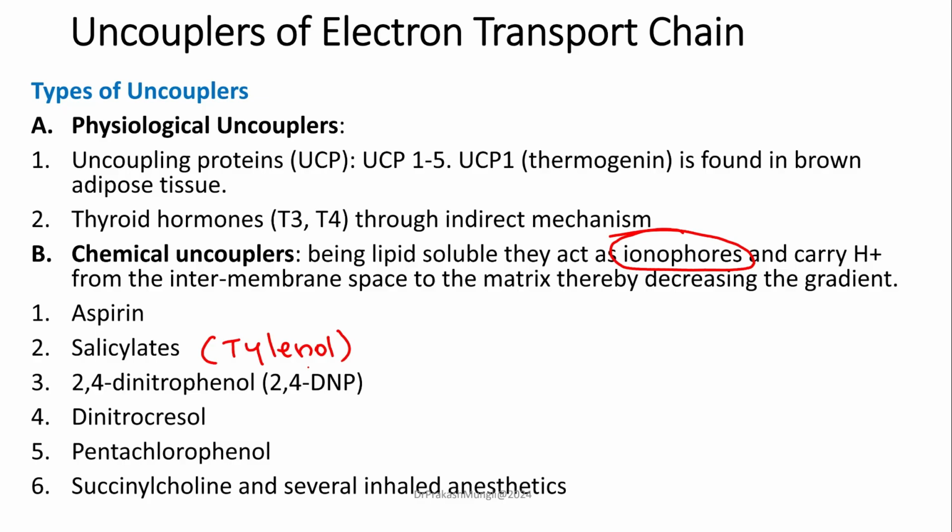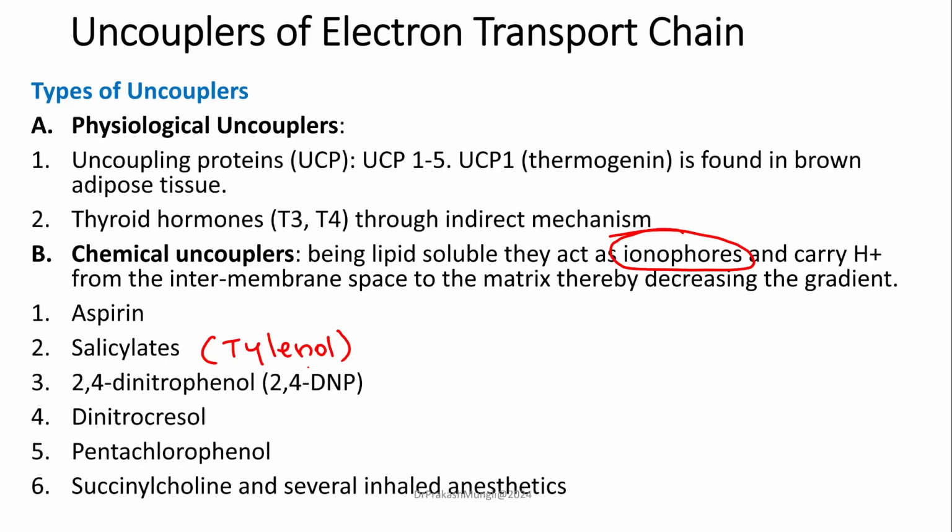Okay. 2,4-dinitrophenol is a chemical used in the carpentry industry that acts as an uncoupler. Dinitrocresol, pentachlorophenol, and even succinylcholine, which is an anesthetic, can also act as uncouplers. So these are the uncouplers. You should have an idea: aspirin, salicylate, 2,4-dinitrophenol, dinitrocresol, pentachlorophenol, and succinylcholine.